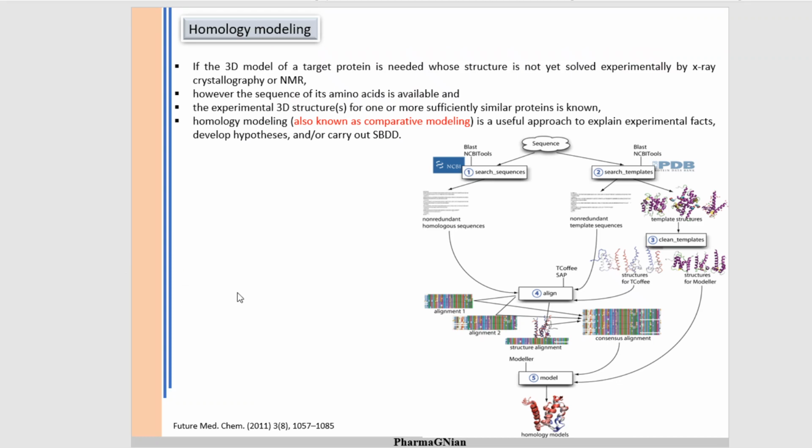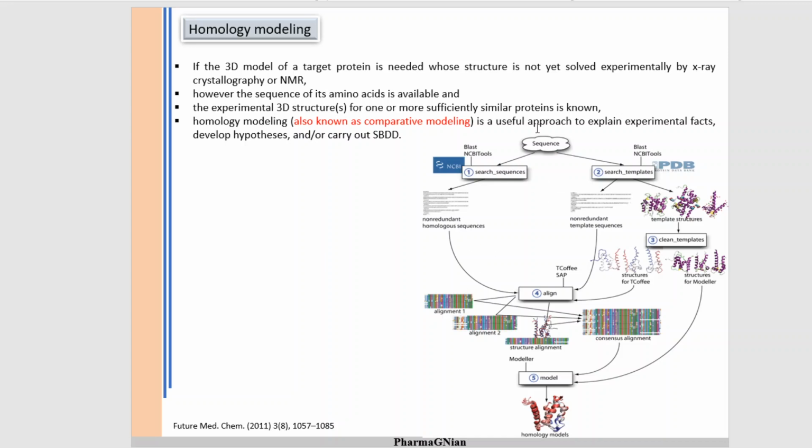The next technique is homology modeling. We know why homology modeling is necessary in CADD. Homology modeling is based on the fact that proteins with similar sequences will also have similar 3D structures. This is the motto behind homology modeling.